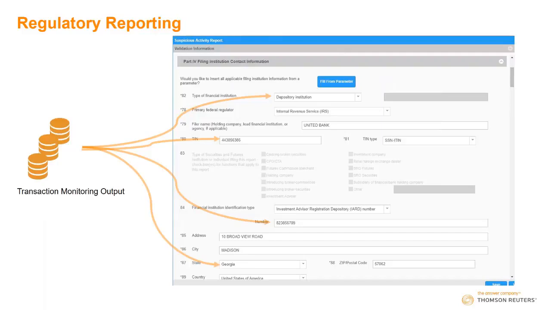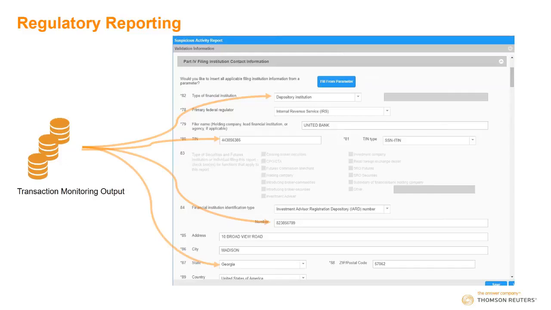The other thing that transaction monitoring helps to fuel is how you do your regulatory reporting. If I were to ask everyone on the call what you hate doing the most, you're going to say, I hate filling out SARs, I hate doing the regulatory reporting, because it's tedious, takes a lot of work, and there are tons and tons of fields.